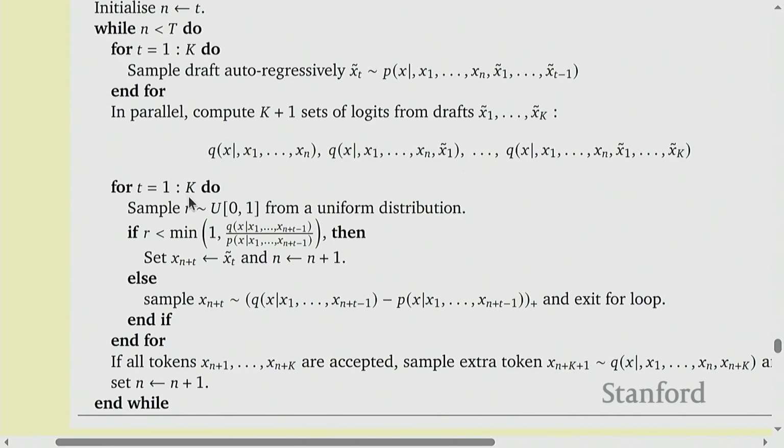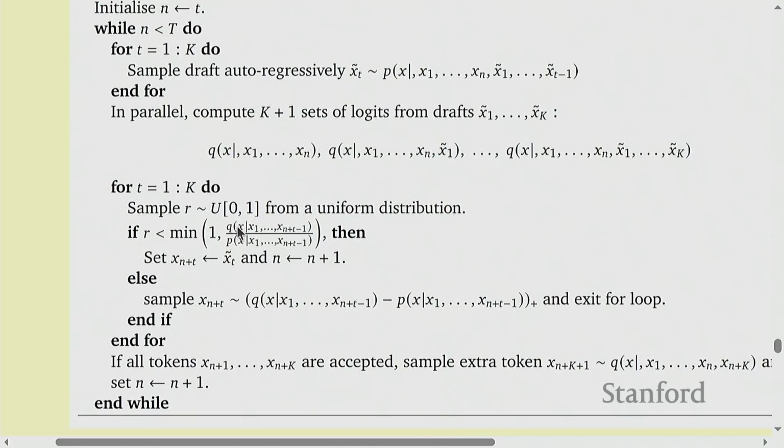So I go through each token, and I'm going to accept it with probability min(1, Q/P). The 1 is just to make sure the probabilities are between 0 and 1. If people are familiar with Metropolis-Hastings, this is where this comes from. Intuitively, you're sampling with P, so you need to divide that out because you don't want P, you want Q. So this is kind of an importance weight.